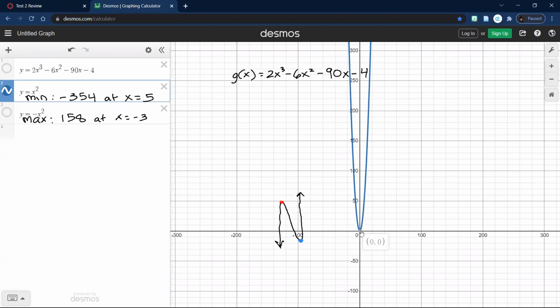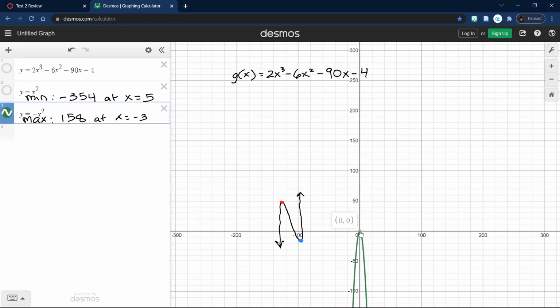Minimum, right? It's the lowest possible y value for this function. Now let's take a look at negative x squared. Is this point a maximum or a minimum? Maximum because it's the highest. You just turned it around. So that's a really good way to gauge it, and I hope that answered the question of the person who had it.